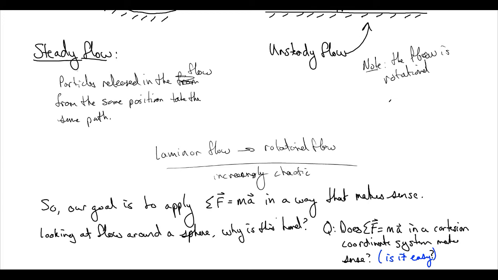It's actually quite well ordered. Got nice shedding vortices like Kármán vortex street, things like that. But rotational flow, and then eventually it becomes turbulent, where we have this chaotic, unsteady flow.